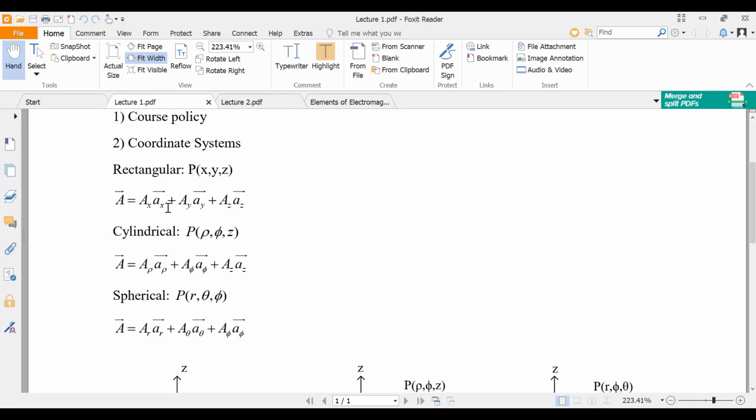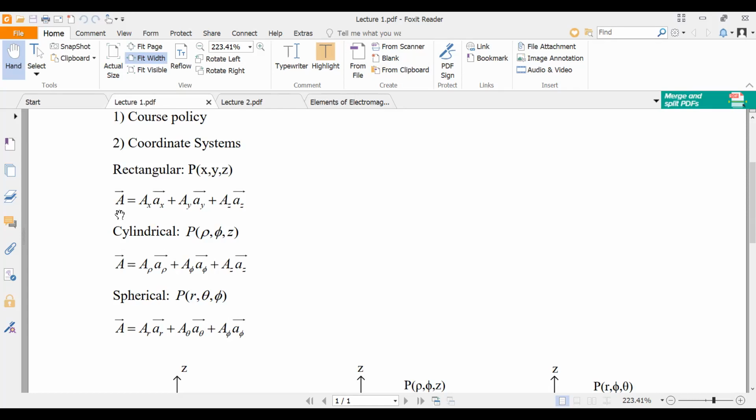This is the notation used in the Sadiku textbook. So this is the unit vector along the x direction, the unit vector along the y direction, the unit vector along the z direction. For cylindrical, it is a rho, a phi, a z. And for spherical, it is a R, a theta, and a phi.